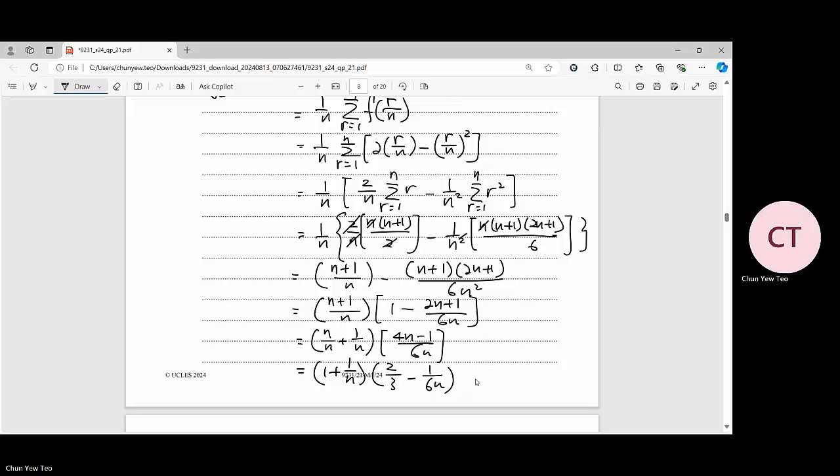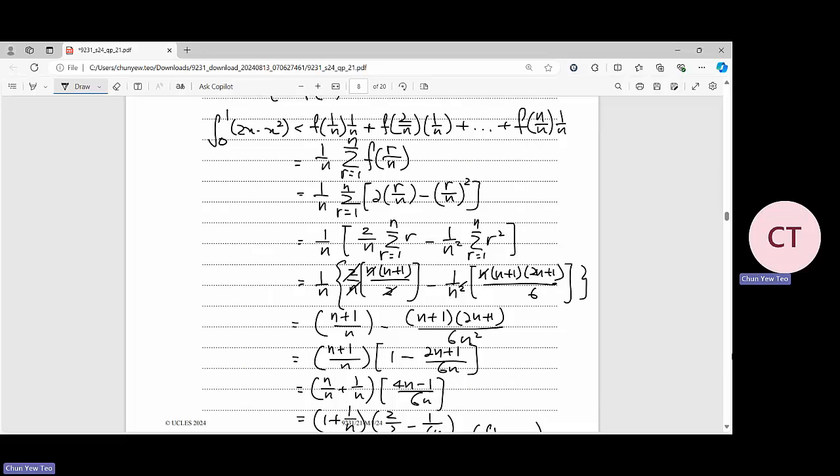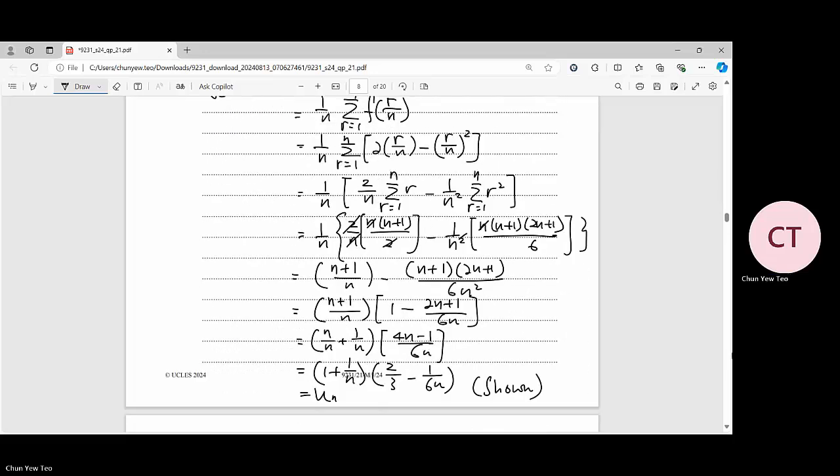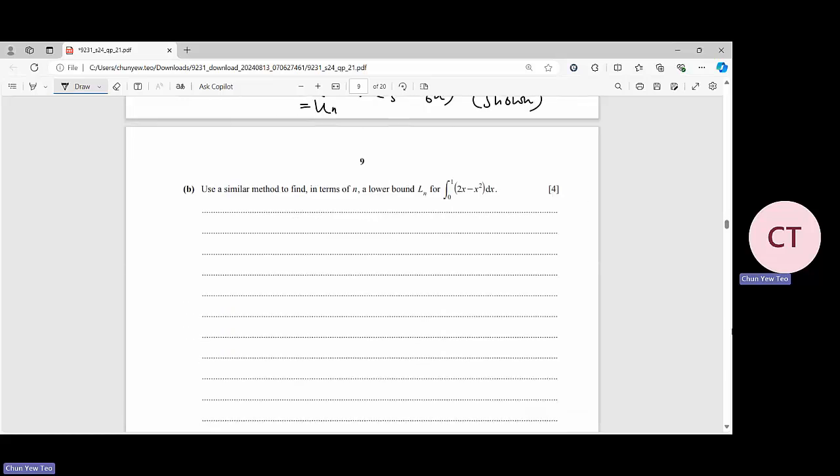So this is equal to the answer shown. So that will be the answer for question A. Just like that, done. So now we move on to question B.